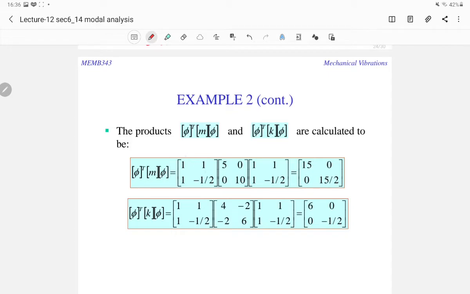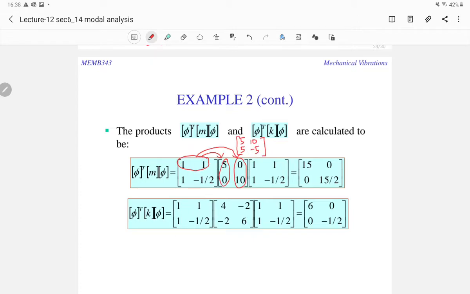Basically, for each of these, 1 times 5 plus 1 times 0. So basically row times column for each of these to get one value. Okay, and then you proceed until you get the final answer.